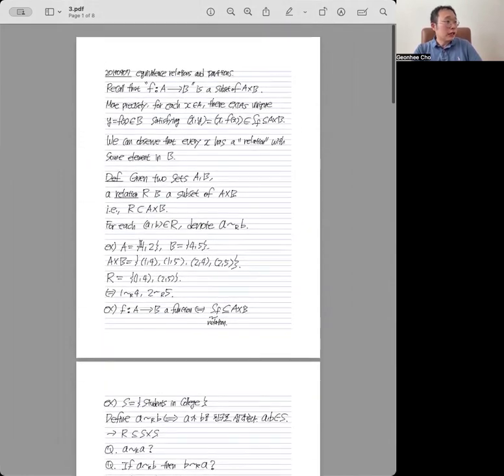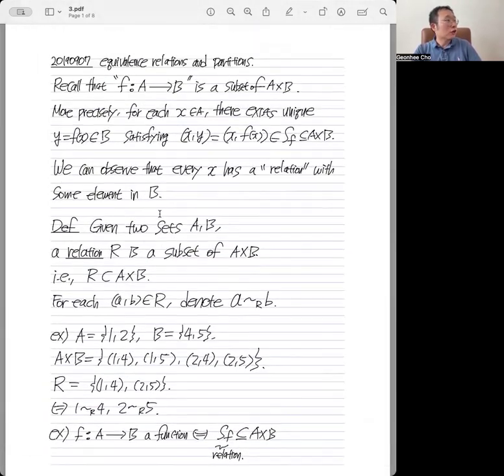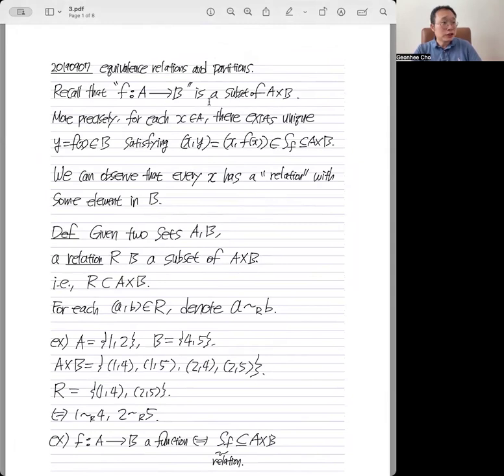In the first stage, we look at a function again as a special case of a relation. A function connects elements of two sets by ordered pairs, but it satisfies the special condition that each input is connected to exactly one output. In the next stage, we define a general relation.